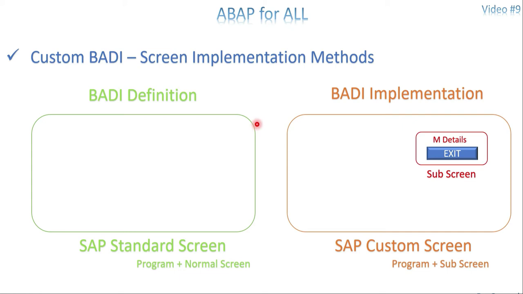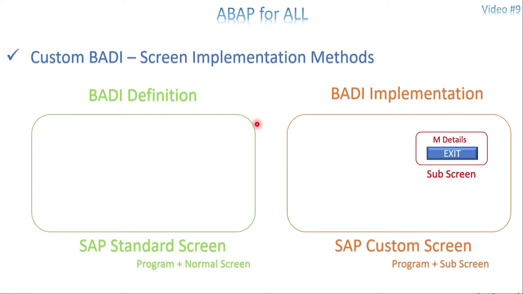Probably in a customer exit, I have explained about the screen exit over there as well. In screen design, screen programming, the code is always in either PBO or PAI, mostly, because we have POH and POV as well. But if you come to a screen exit enhancement, we are not able to use the PBO PAI modules directly, like status underscore screen number, user command underscore screen number, because these are screen enhancements, right?